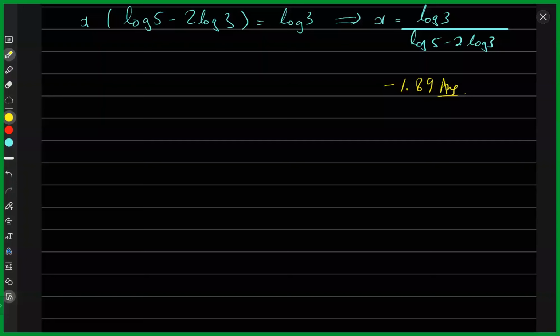Okay. So the next example says, now the difficulty level would obviously increase gradually.